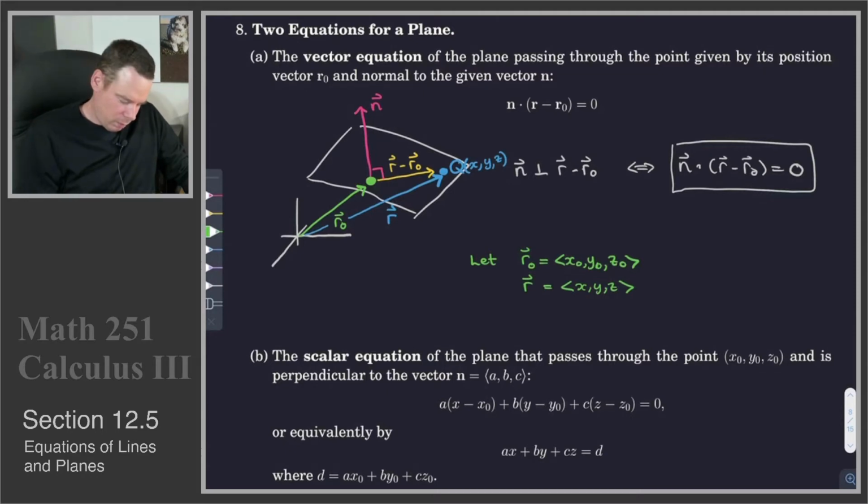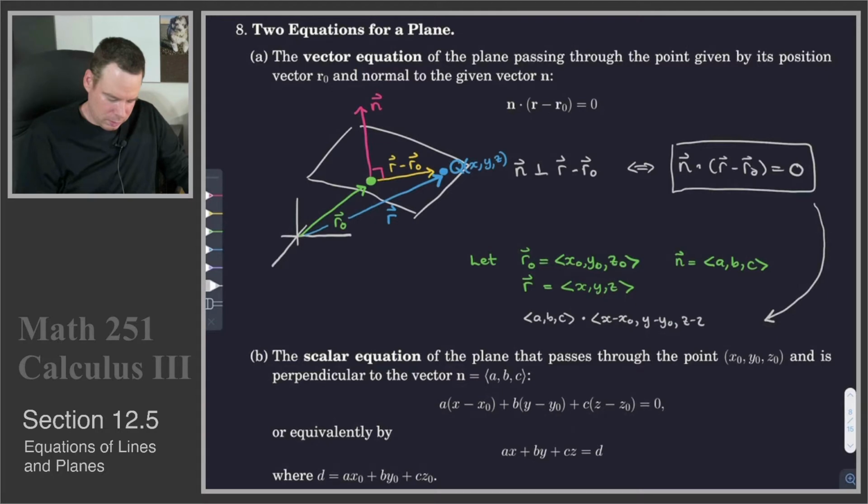Oh, and one more thing, we'll let n be given by a, b, and c. Then what does our equation become? Then this becomes a, b, c dot x minus x0, y minus y0, z minus z0 is equal to 0, or in other words, a times x minus x0 plus b times y minus y0 plus c times z minus z0 is equal to 0.